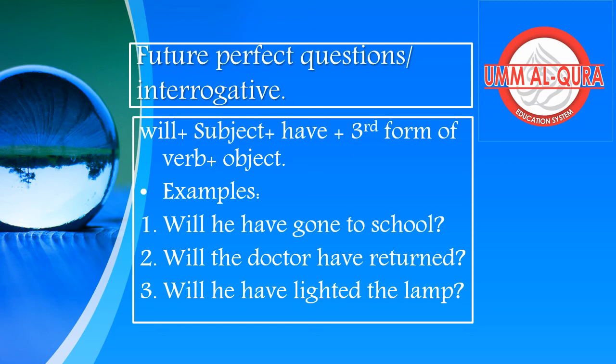Will have plus third form of verb. In perfect tense, throughout we use the same form of verb, which is the third form of verb. So it will be easy for you to understand if you remember the helping verb and which form of verb we are going to use. To make it negative in continuous and in perfect tense, we just added not.